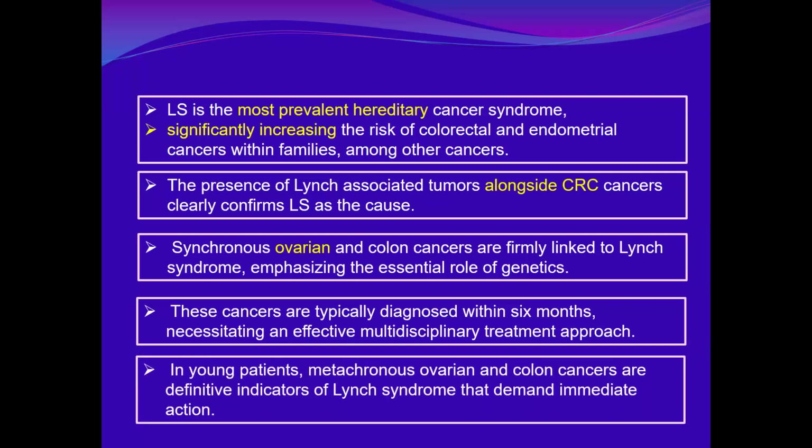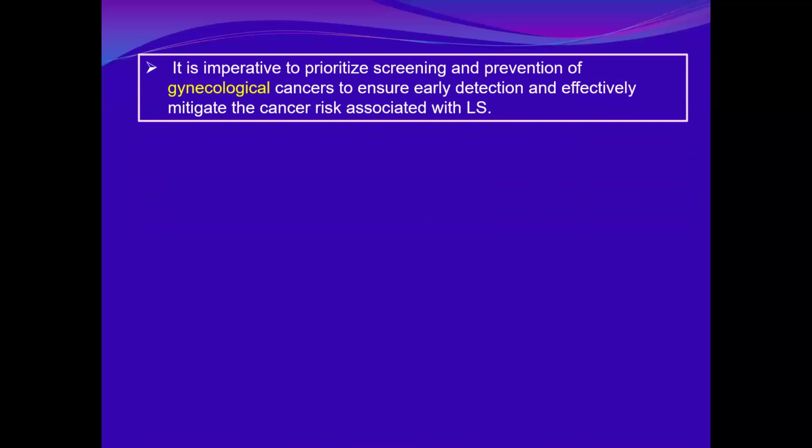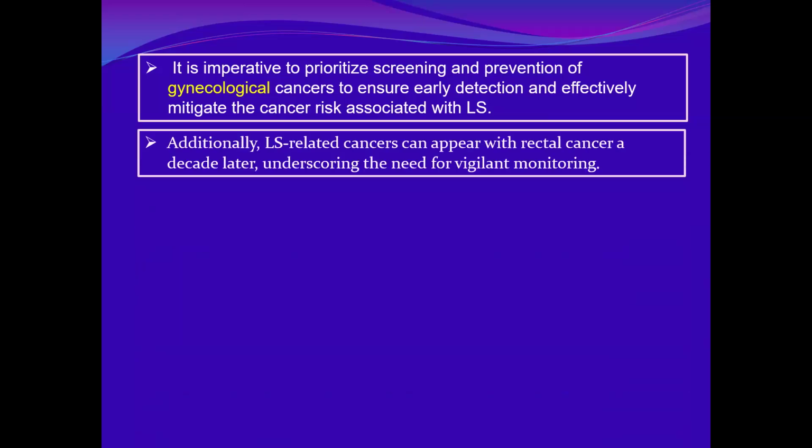And in young patients, metachronous ovarian and colorectal cancer are definitive indicators of Lynch syndrome that demand immediate action, synchronous and metachronous. It is imperative to prioritize screening and prevention of gynecological cancer to ensure early detection and effectively mitigate the cancer risk associated with Lynch syndrome.